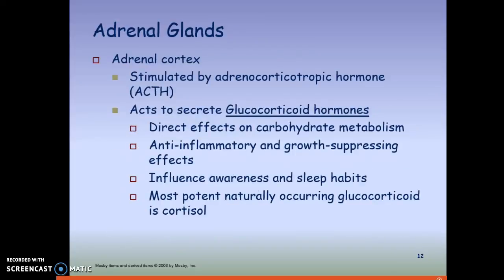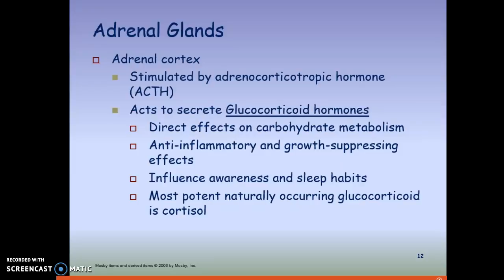The adrenal cortex. This is a pyramid-shaped organ above the kidneys, so that means there's 2 of them. It has a capsule, the outer cortex, and then the inner medulla. The adrenal cortex is going to be stimulated by adrenocorticotropic hormone, or ACTH.